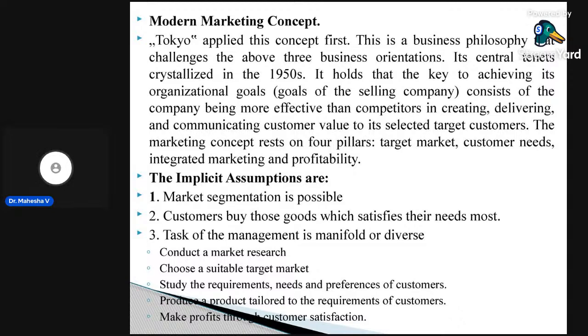If the customer is dissatisfied, they will bad mouth your product, and thereby new customers don't turn up to buy the product, your sales volume decreases, and automatically your profitability will be depleted or reduced. That's why, being a company, you should try to satisfy the customers. Keep customer satisfaction as the prime objective, and profit as the secondary objective. Then automatically your profit will be boosted very high.